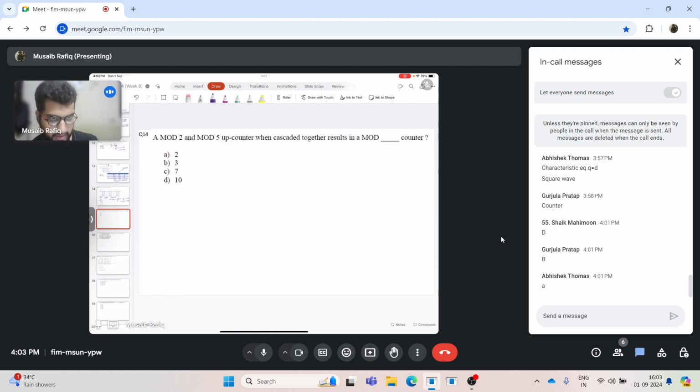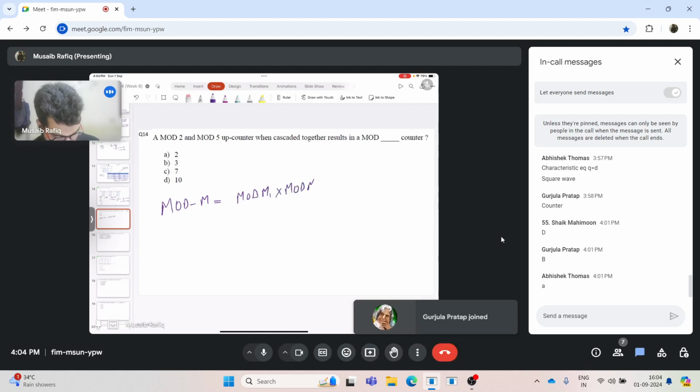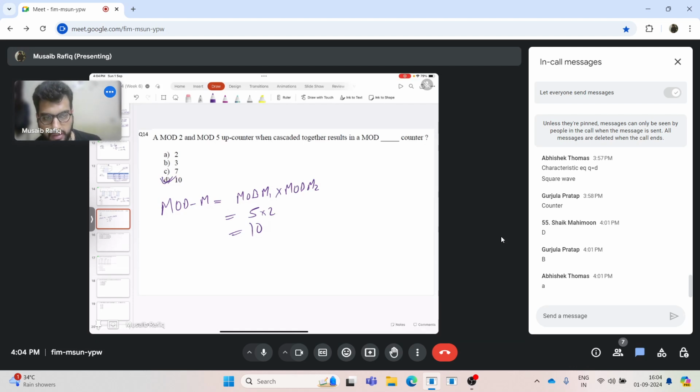So basically when you cascade counters, the ultimate mod m will be equal to mod m1 multiplied by mod m2, that is 5 multiplied by 2, and it will be 10. So the final answer is 10, right?